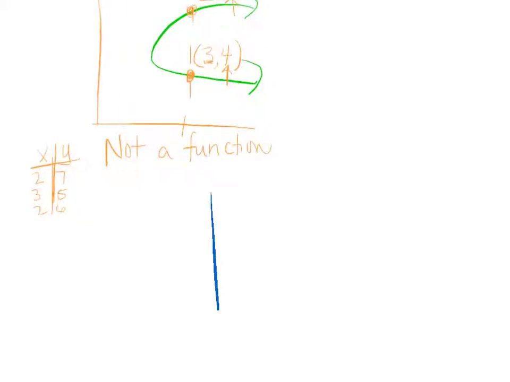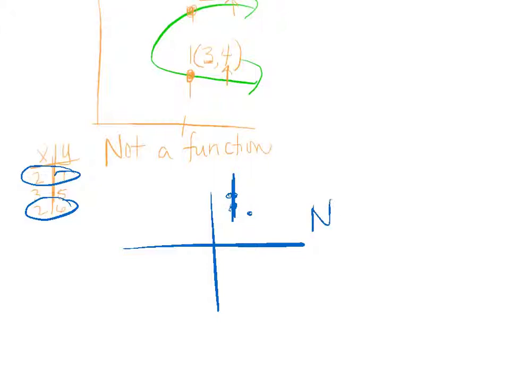And if I'm thinking about a graph of this, I'd have the point 2, 7, which is somewhere up here, 3, 5, and 2, 6. The 2, 7 and the 2, 6 are going to be right on top of each other. That's going to violate the definition of a function where every x has just one y, so this one would also not be a function.